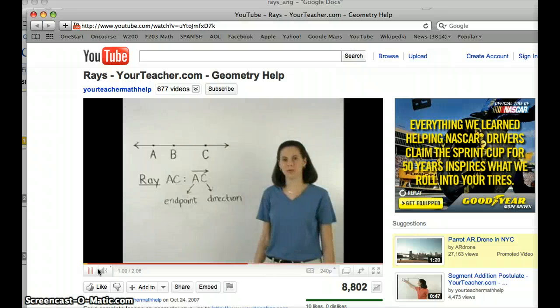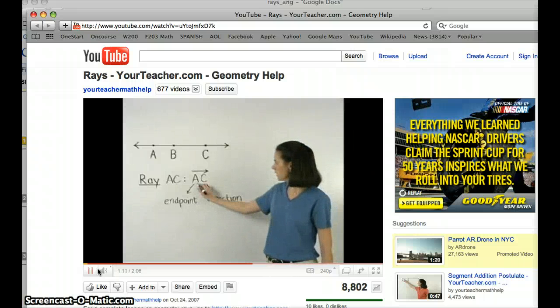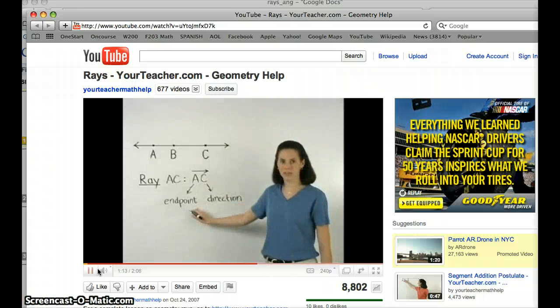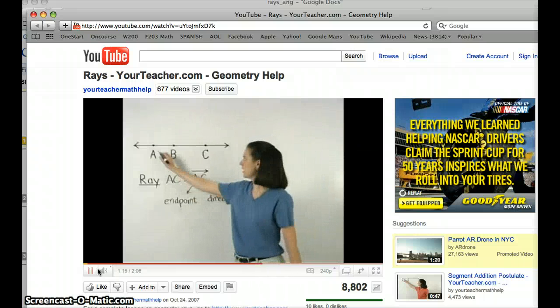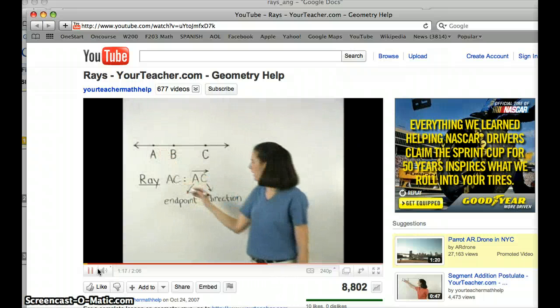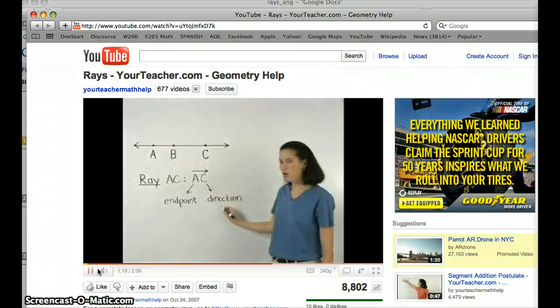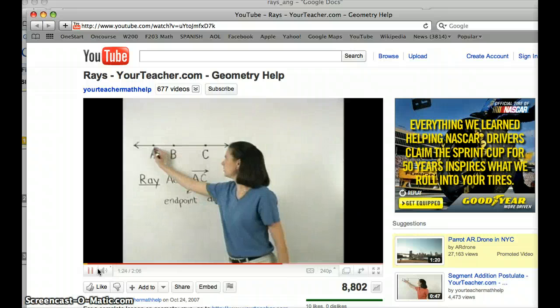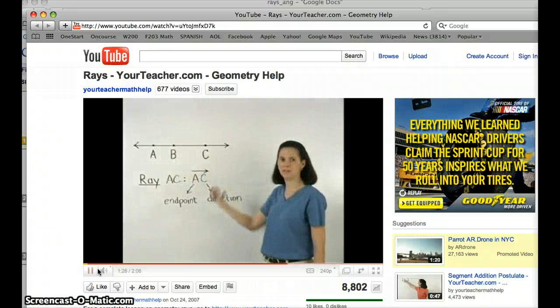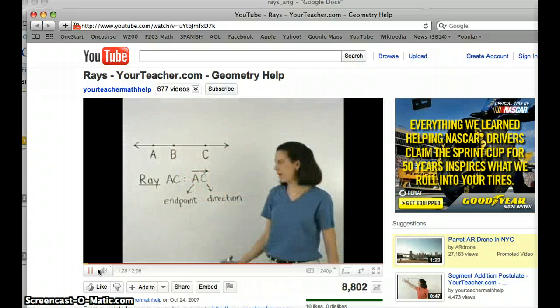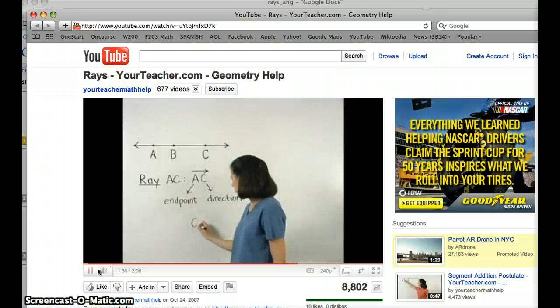When representing a ray, note that the first letter used is always the endpoint, which in this case is A, and the second letter used always indicates the direction, which in this case is toward point C. So let's say we have CA with a little arrow over it.